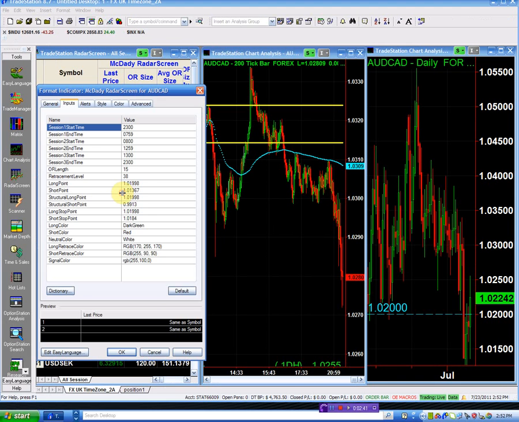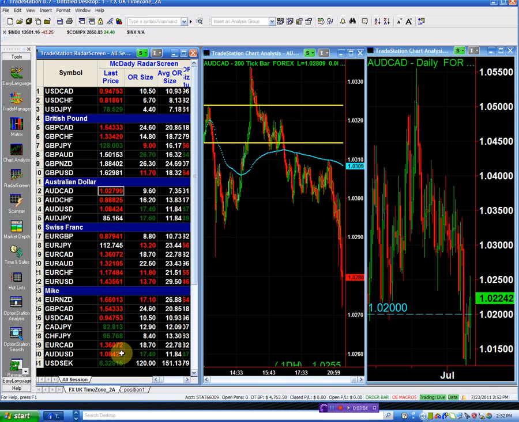So the Aussie CAD, I'm going to go short below 102, and that is my structural short, and it is also my short stop. Because it's such a big sell signal, that is going to be my sell signal, my structural short, and my sell stop.